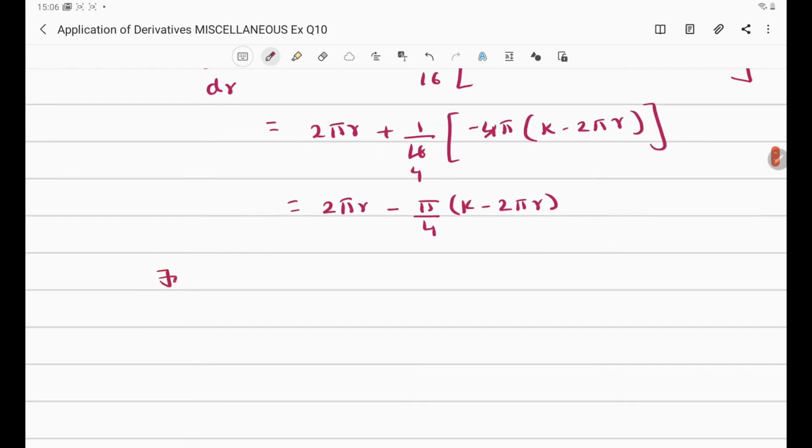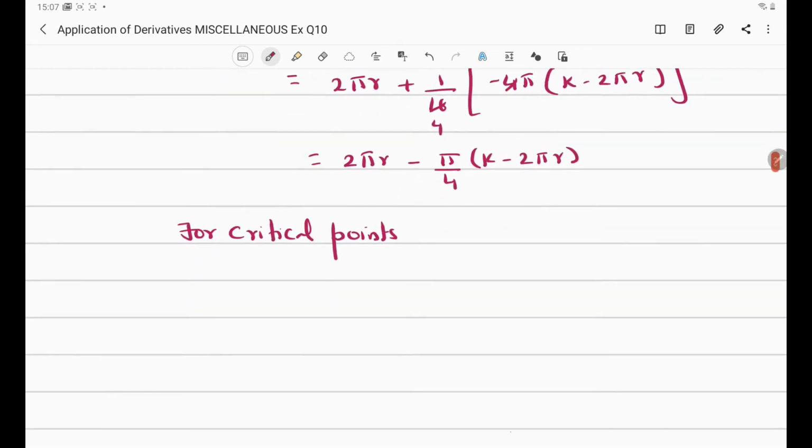For critical points, dA by dr should be equal to 0, which implies 2 pi r minus pi by 4 into k minus 2 pi r equals 0.